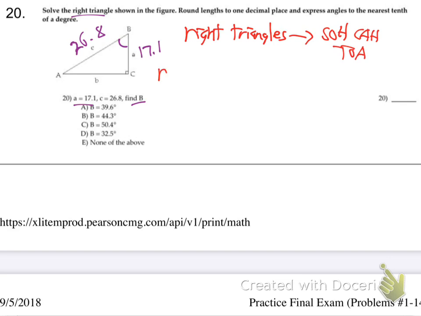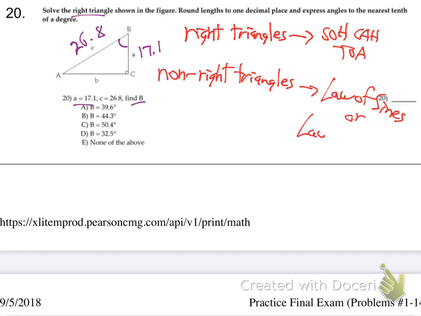And when we have non-right triangles, that's when we do law of sines or law of cosines. So that's the difference. This one is a right triangle, so I'm just going to use SOHCAHTOA.